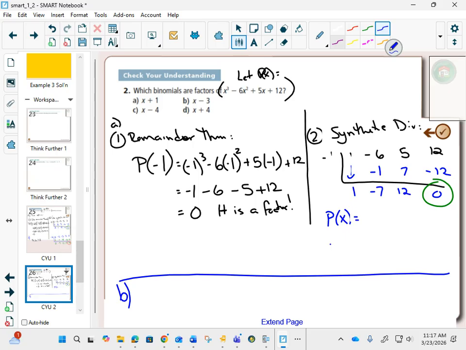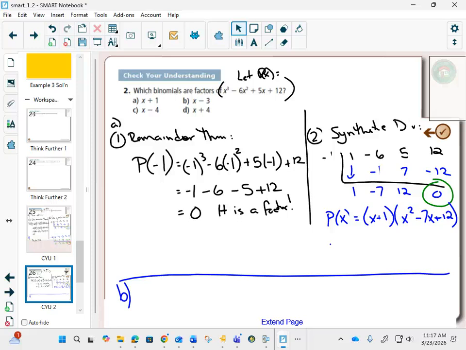If I use my synthetic division, the nice thing, better than the remainder theorem, is I could write my division statement. So my divisor was x plus 1, and my quotient is x squared minus 7x plus 12. We're just going to leave that division statement and then leave room for one more line after that. We're going to come back to this at the very end.